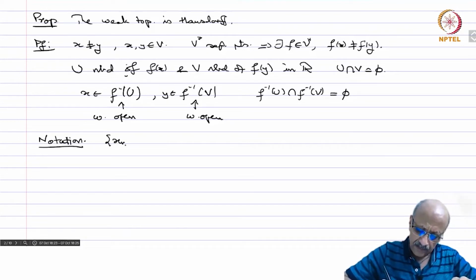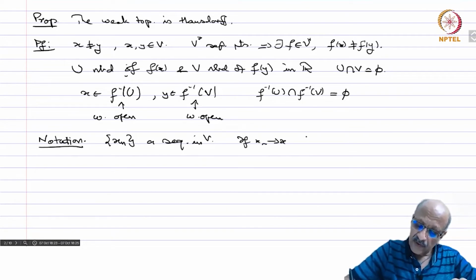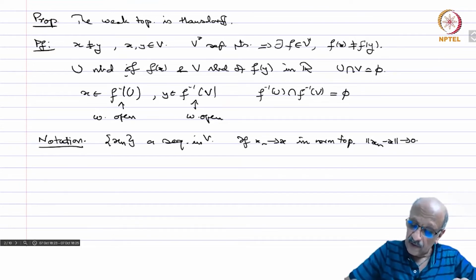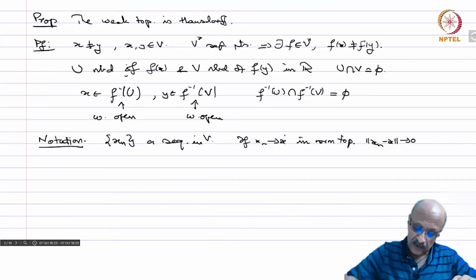So x_n, a sequence in V. If x_n goes to x in norm topology, what do you mean? That is, ||x_n - x|| tends to 0 as n tends to infinity, then we write x_n goes to x.